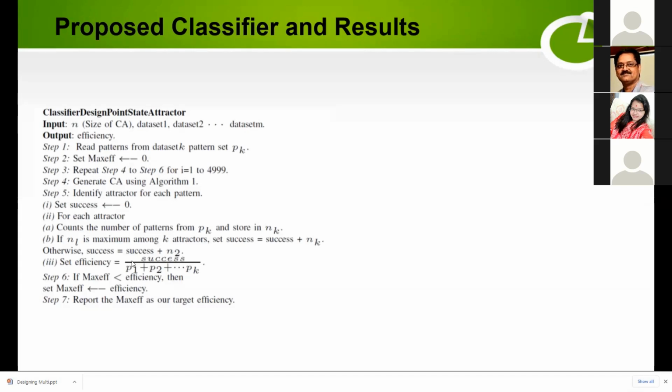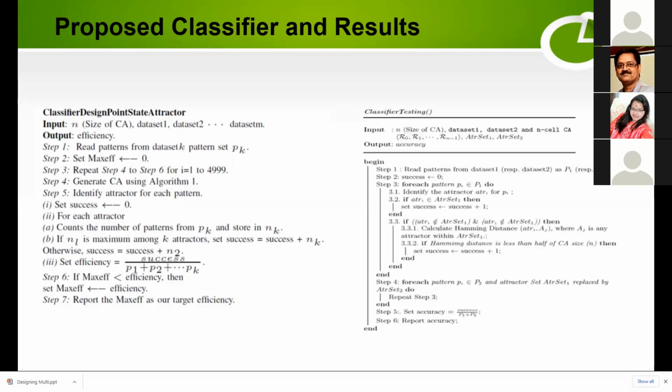We will mark it as the final CA, and that CA will be taken as input for the testing data, where for the test data set we count how many patterns are correctly identified, and based on this we will calculate the accuracy.